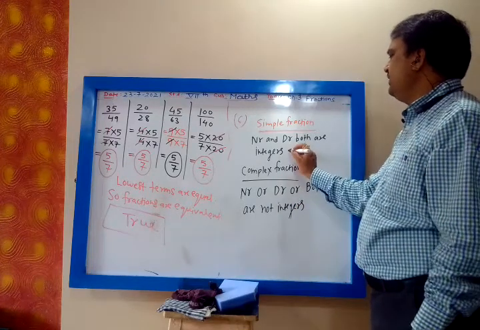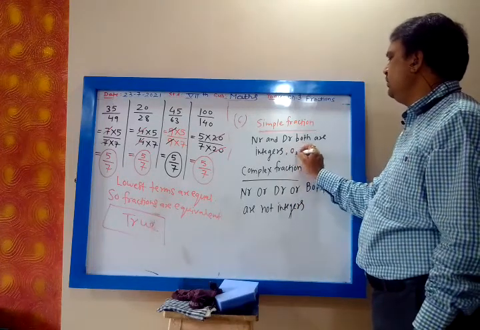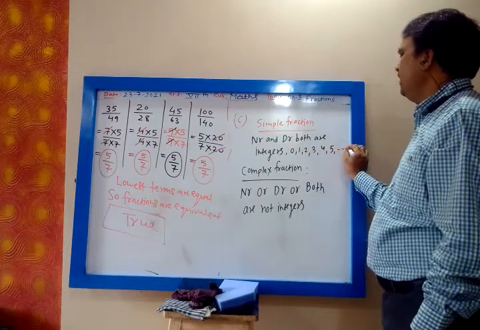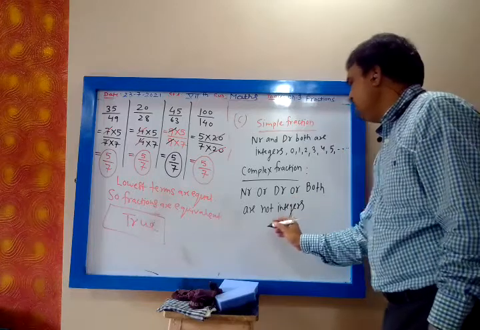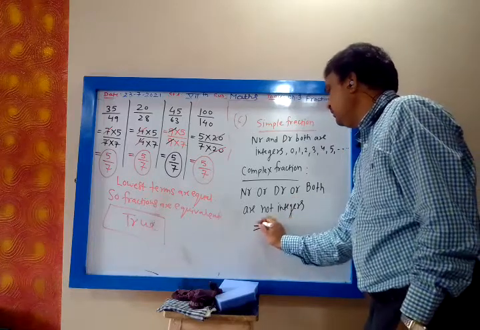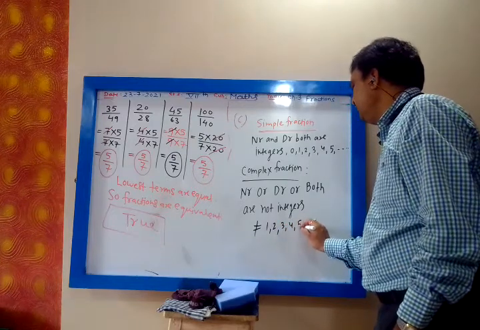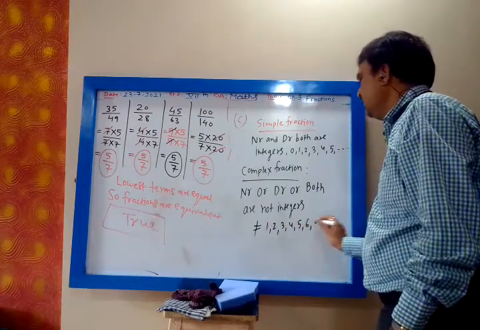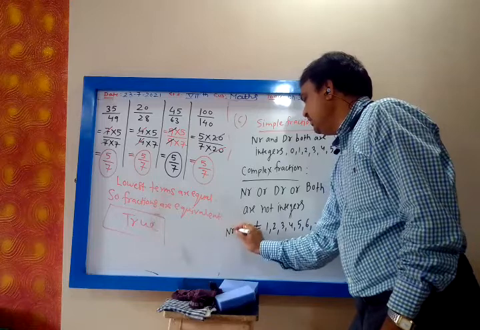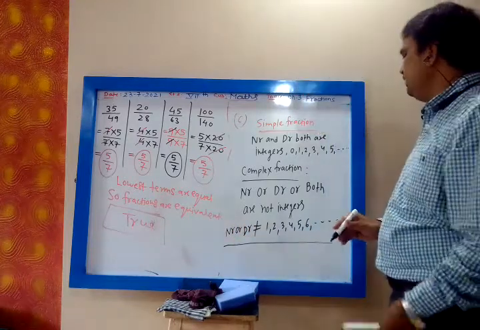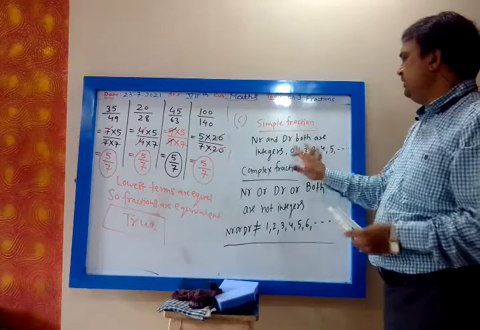Integers means it can take the value 0, 1, 2, 3, 4, 5, and so on. Write down. And both are not integers means they are not equal to 1, 2, 3, 4, 5, 6, and so on.